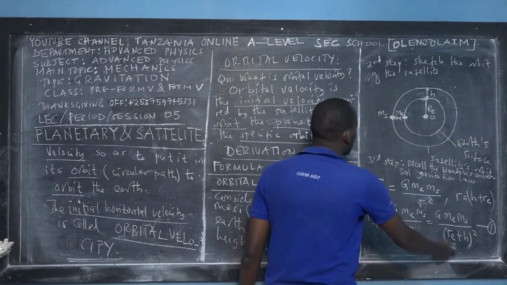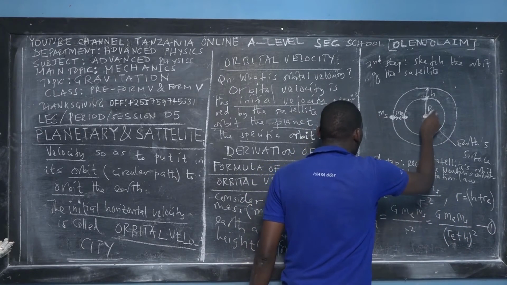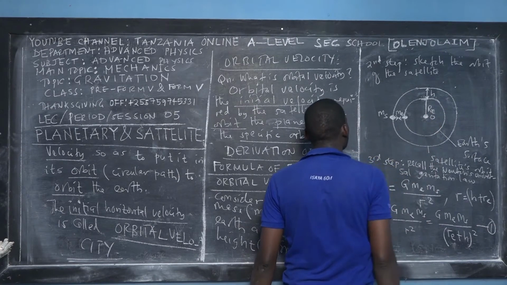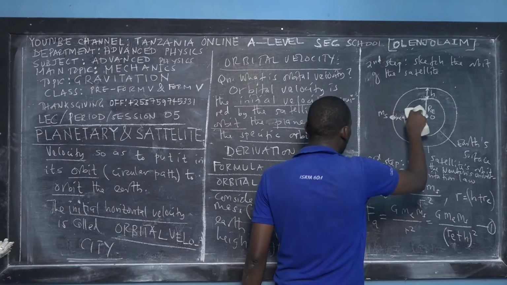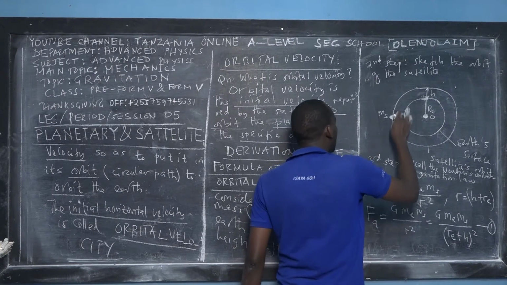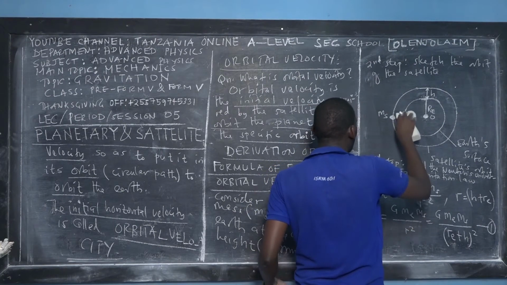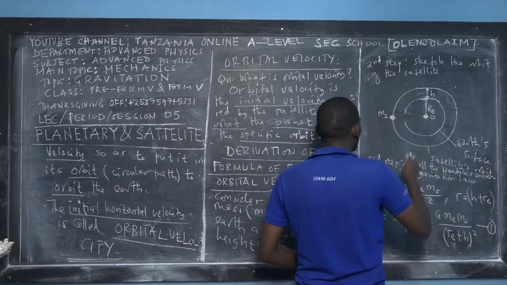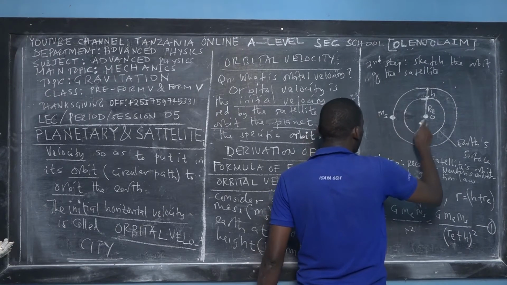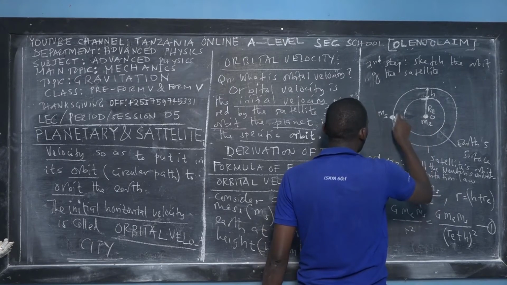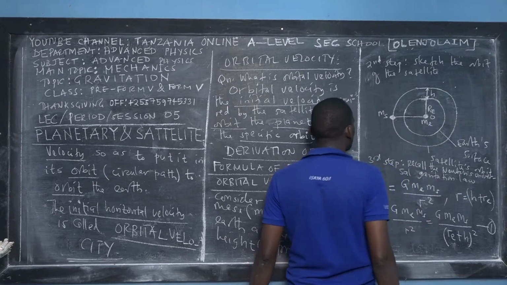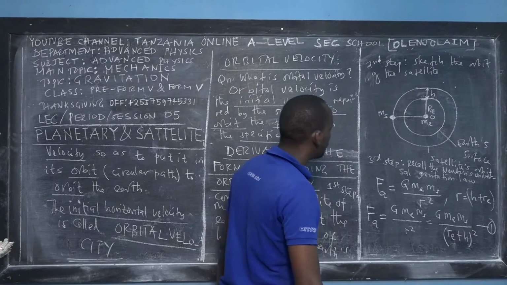Why do we consider this? Maybe the clearer notation is like this, with a minor correction, excuse me. This is the mass of the Earth now, and here we have the satellite.